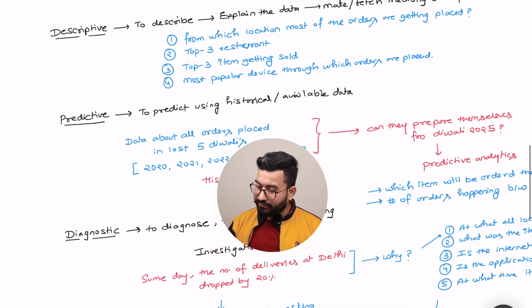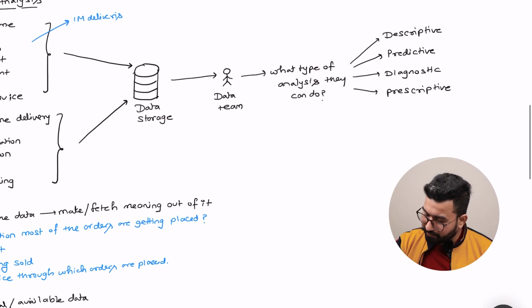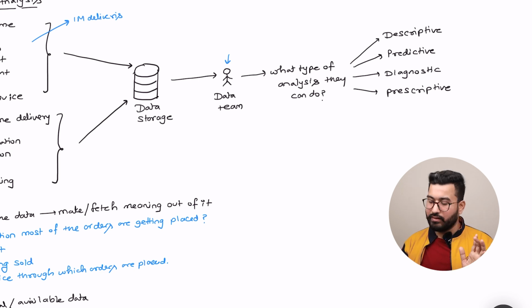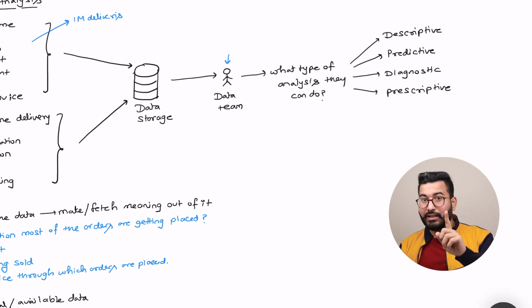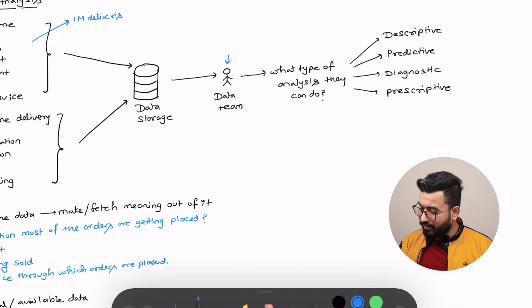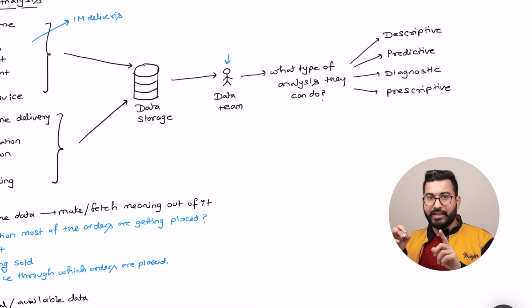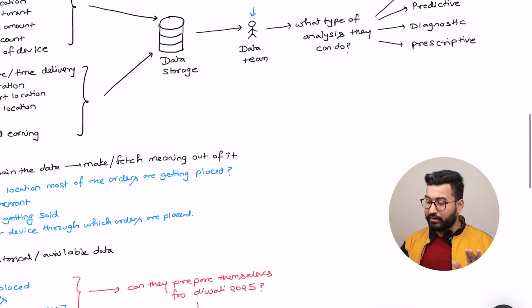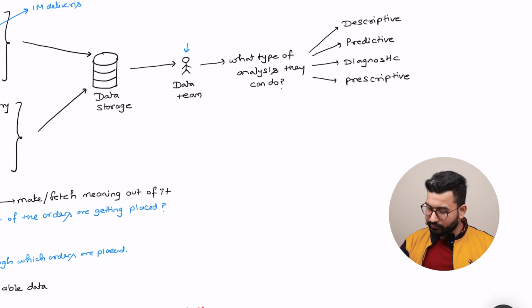So basically, this is how a person who is part of the data team will try to solve the problem of any business. But remember one thing, this is not the task of one person. I have written data team, I have not written data engineering or data analyst. Remember one thing, being a data analyst, you do not have to perform everything.